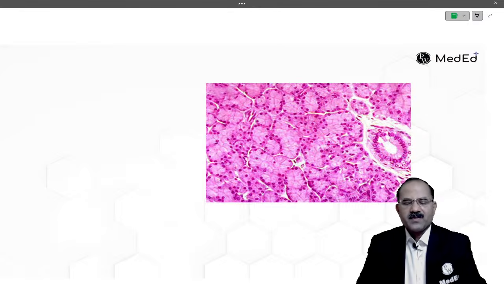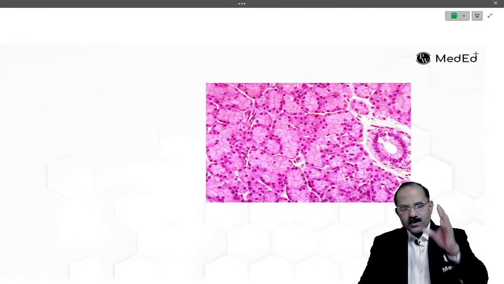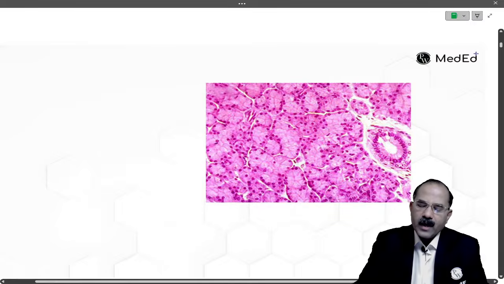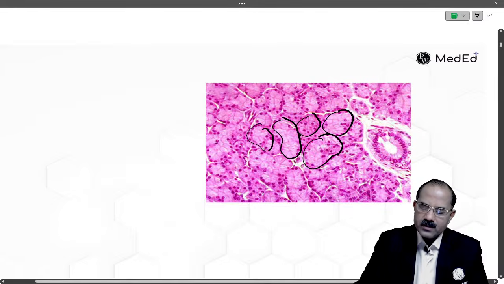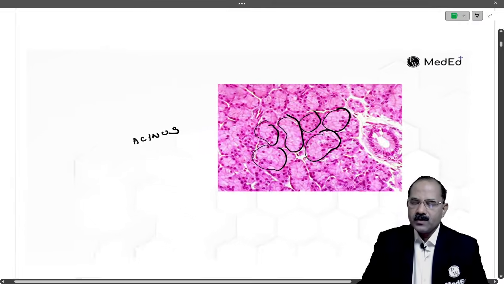The moment I look into the microscope, I find such rounded structures. What are these rounded structures known as? These are known as the acinus.